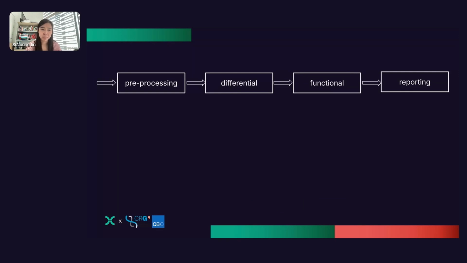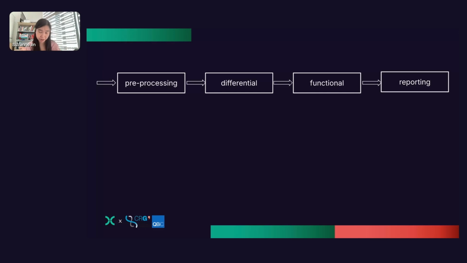It starts with some data validation, featuring, preprocessing. Then it runs differential analysis. The outcome of this step is then used by functional analysis to provide some sense of what functionalities and pathways are actually affected. And the end step will provide a report to gather all this information together.